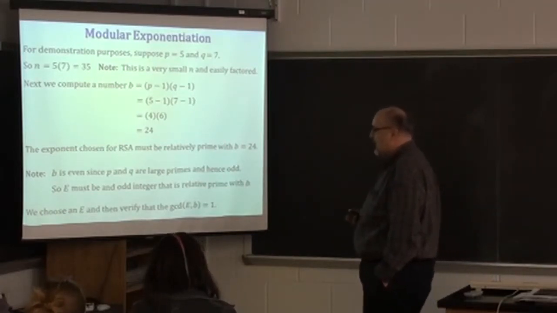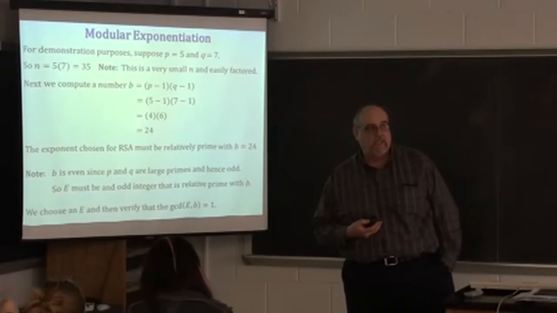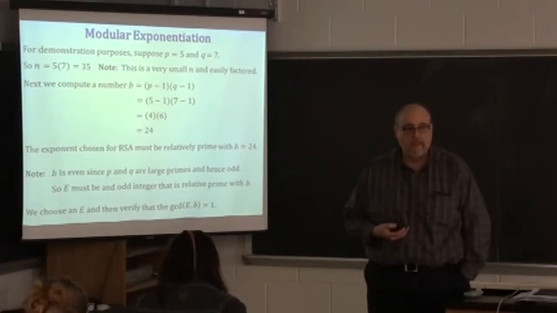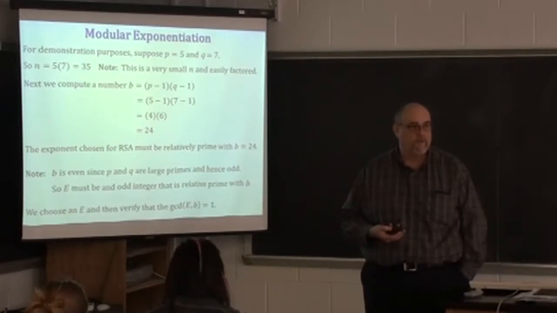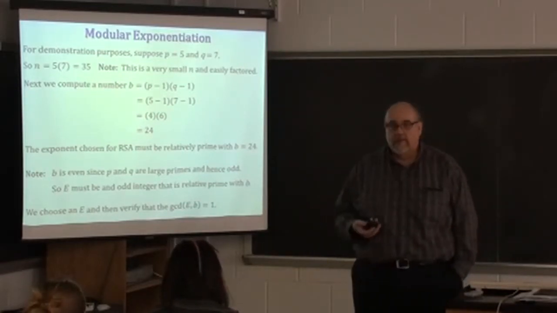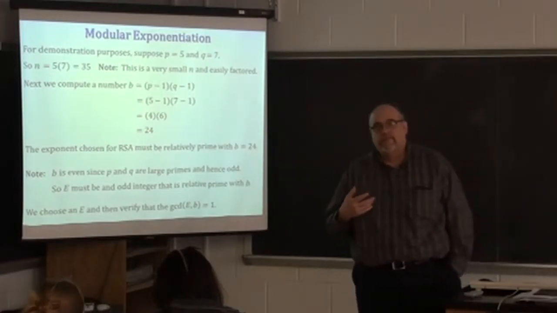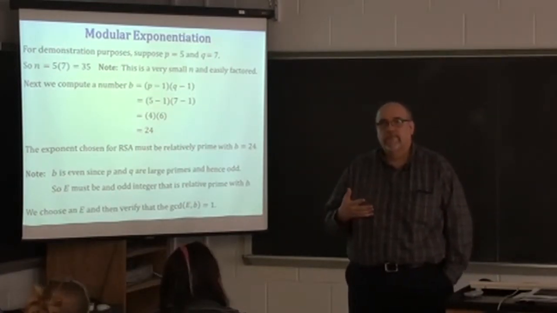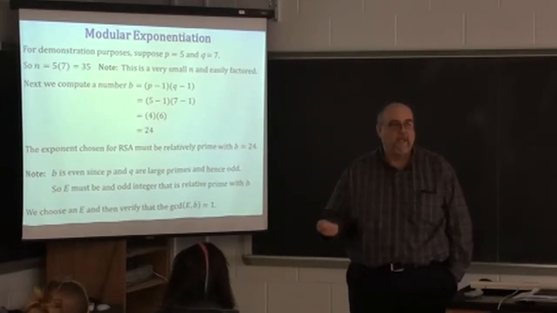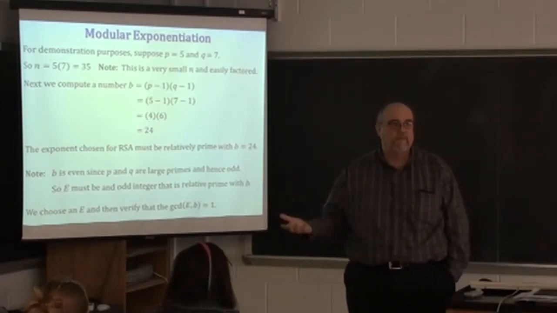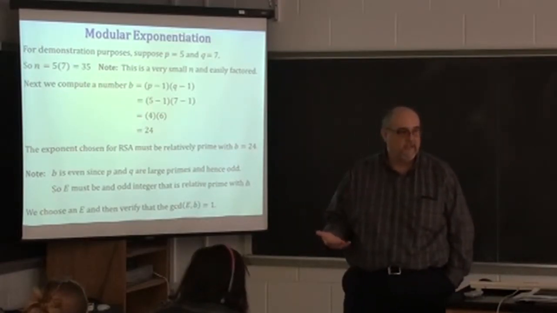So we need to choose E and then verify that the GCD of E and B is 1. So not every odd number will work, but a lot of them will work. So finding E is kind of difficult in that you have to pick the right value for E, but there's so many of them that work that that's not like finding a needle in a haystack.